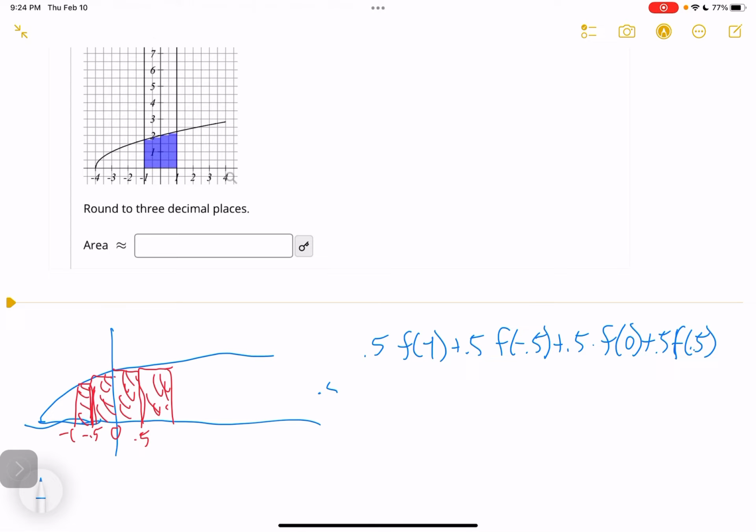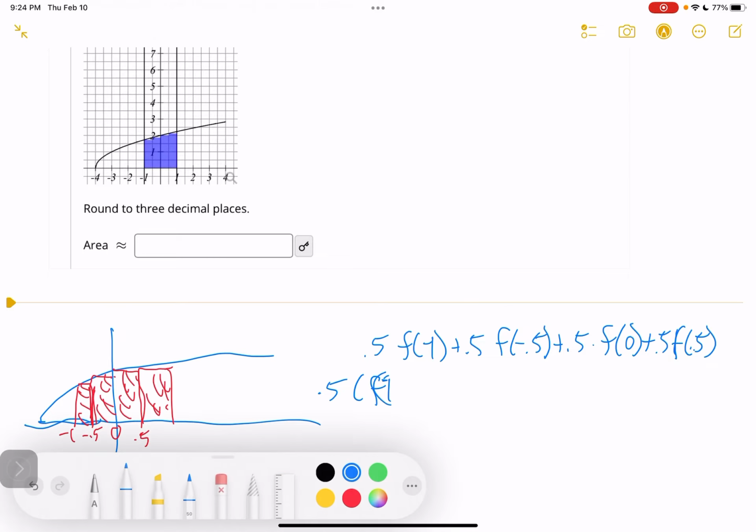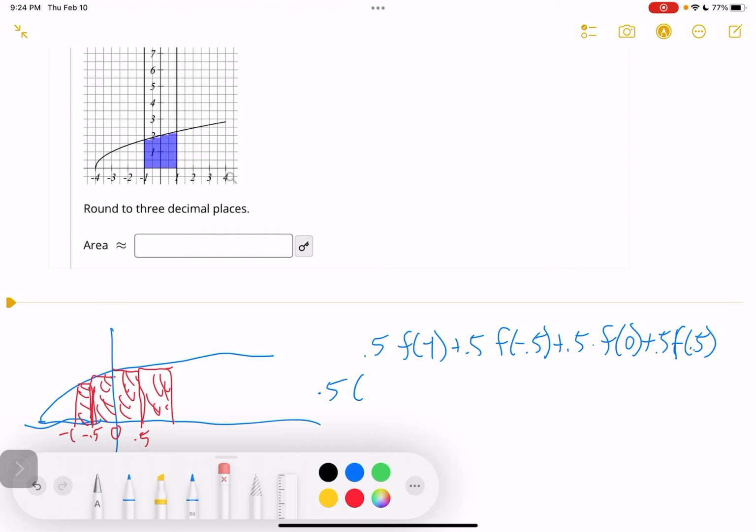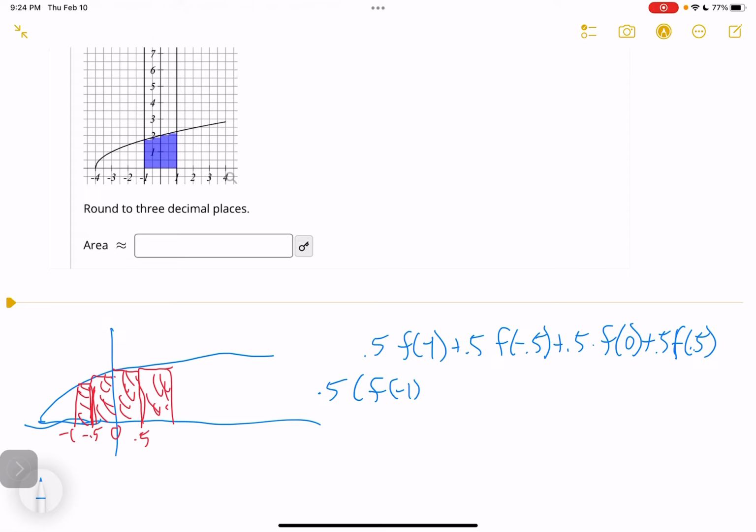So that's going to be 0.5 times f of -1 plus, so that's 0.5 times this whole sum, factor out that 0.5, so then we have plus f of -0.5 plus f of 0 plus f of 0.5.